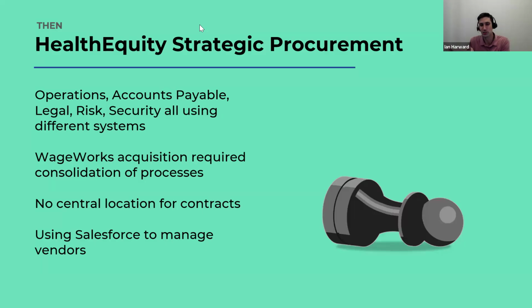And then WageWorks was utilizing Salesforce with no real flow. We used NetSuite for the procurement portion, but contracting was somewhere else. It was just all over the place. So when we came into this, we saw 2 different solutions, and I can almost hear the groan from other people, like using Salesforce as procurement.